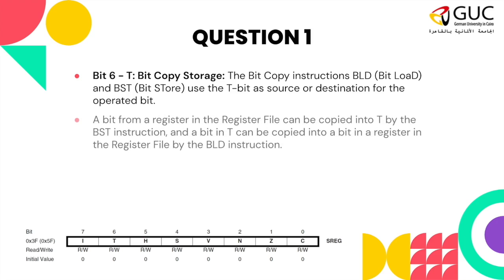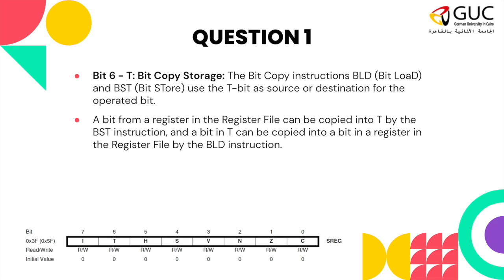Okay, a bit from a register in the register file can be copied into T by the BST, which is the bit store instruction, and a bit in T can be copied into a bit in a register in the register file by the BLD instruction. So the BST stores into location bit number 6 in the SREG. BLD will retrieve bit number 6 in the SREG and put this bit in a corresponding register.